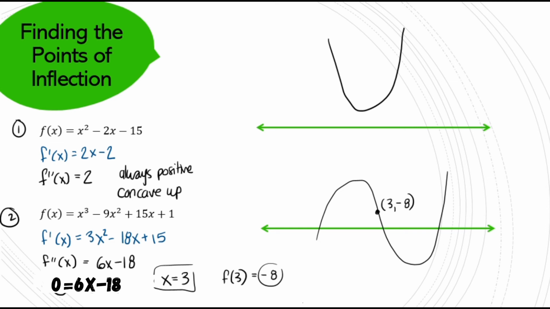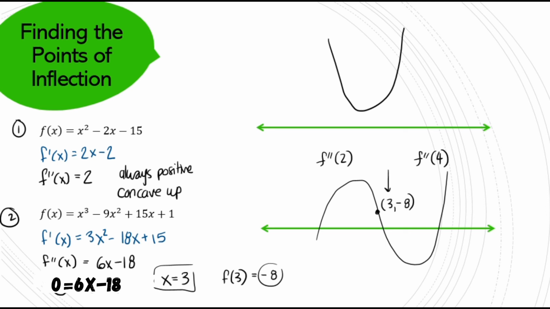You should always test whether it's actually an inflection point, whether things are changing, with a test value. So you could move over and figure out what the second derivative is doing at a point to the left, which could be 2, and what the second derivative is doing at a point to the right, let's say 4. So I'm just picking any value to either side of x equals 3.